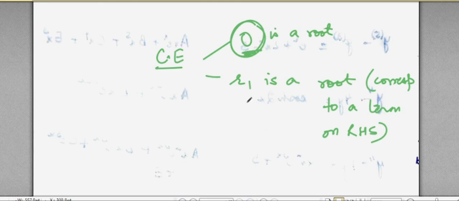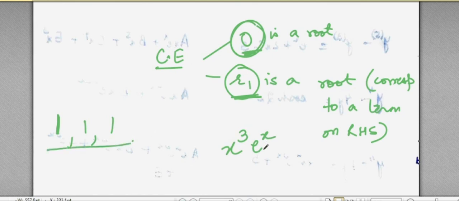And if there is a term on the right hand side which corresponds to a root with multiplicity say k, then for example, if 1 is a root coming thrice and e to power x is appearing on the right hand side, you will not write for e to power x, you will write for x cube e to power x, because 1 corresponds to e to power x and 1 is also a root of the characteristic equation.